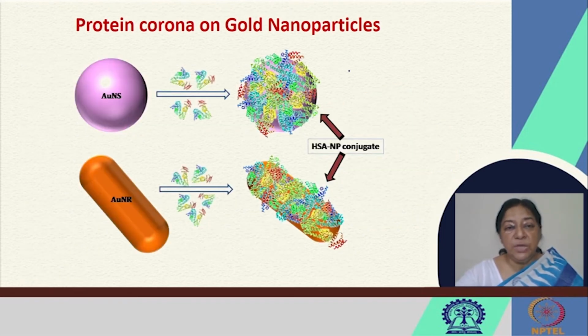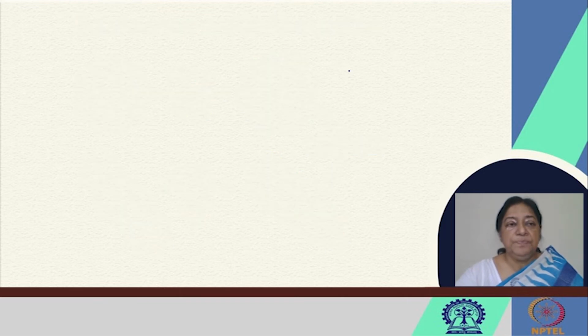If we look at the protein corona on the gold nanoparticles, then depending upon the shape, the protein-nanoparticle conjugate can have different conformations, different ways in which they could interact, and different ways in which the affinity for the gold nanoparticle may be affected.